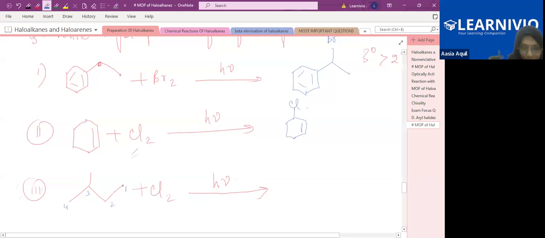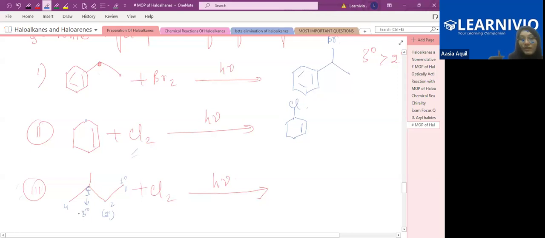See here, this is the first carbon. The first carbon is 1 degree, because only one group is attached over here. The second carbon is 2 degree. But the third carbon is your 3 degree carbon.